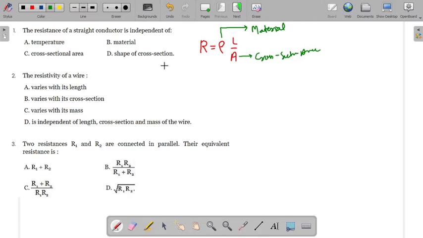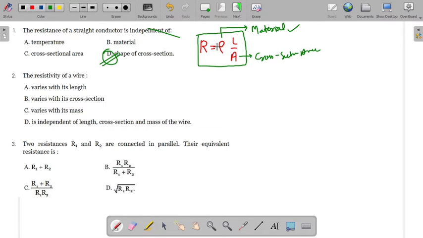And we know that on increasing or decreasing the temperature, the resistivity is affected and the area also may change. So temperature is also an important quantity in the resistance. But the only thing which is totally absent in this formula is the shape of the cross section area.